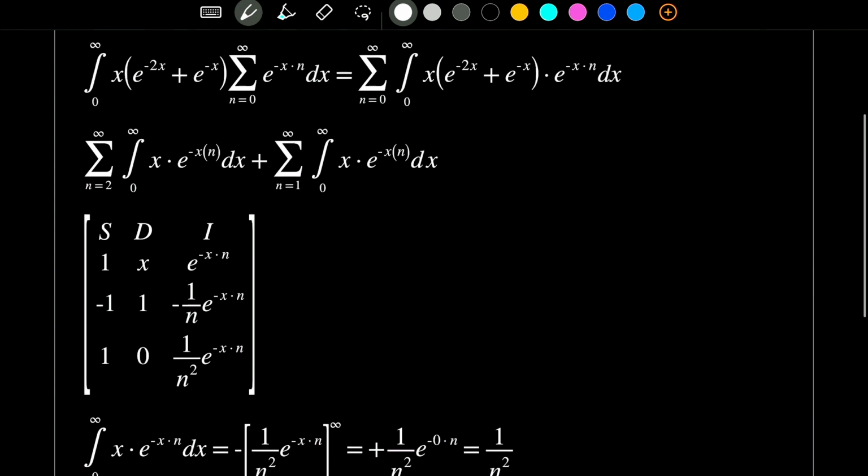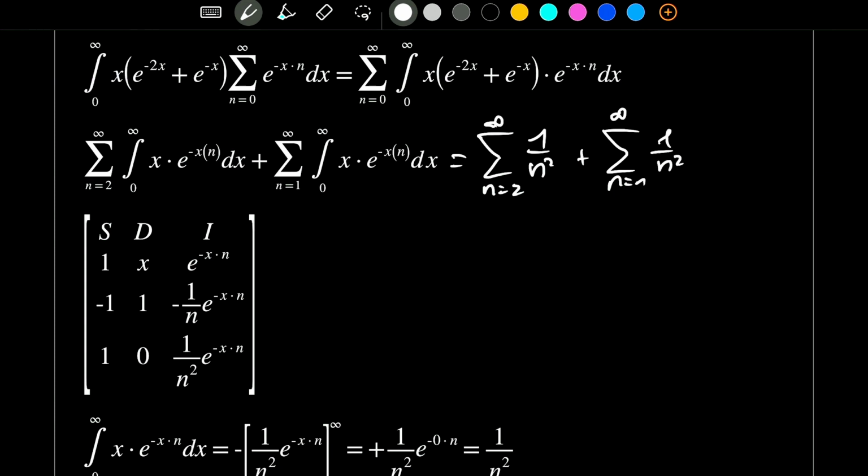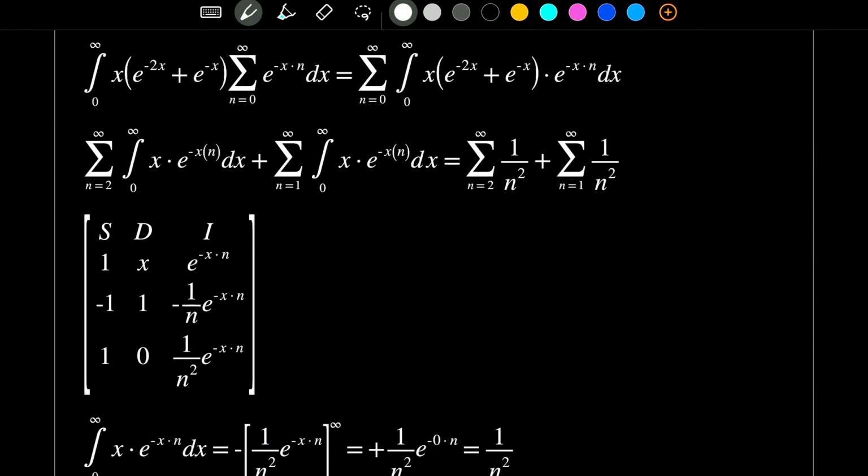So when we fill that into this above equation here, we're going to get the sum from n equals 2 up to infinity of 1 over n squared plus the sum from n equals 1 up to infinity of 1 over n squared. So that is extremely nice.